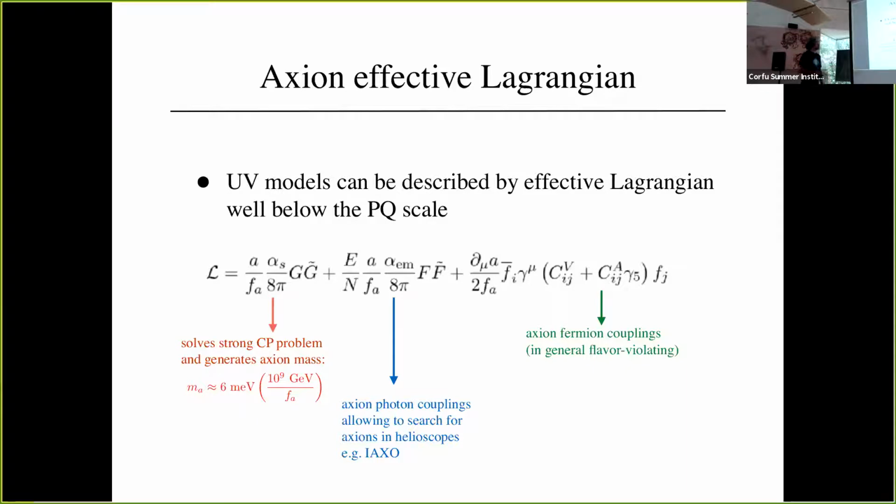And the third term here is the derivative coupling of the axion to fermions. I just want to emphasize at this point that in general, these couplings would be flavor-violating.